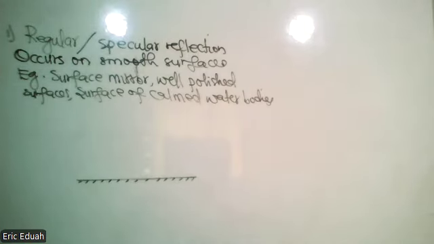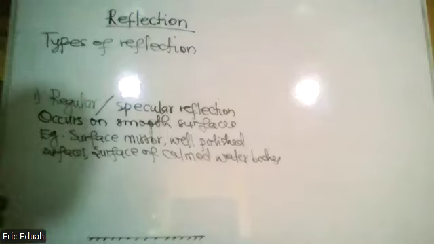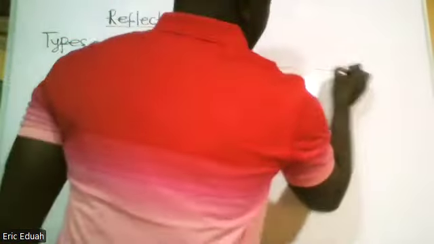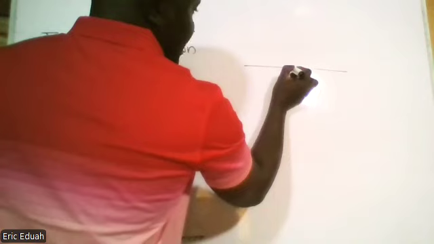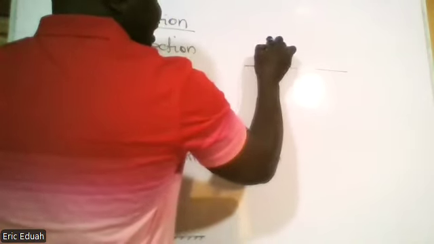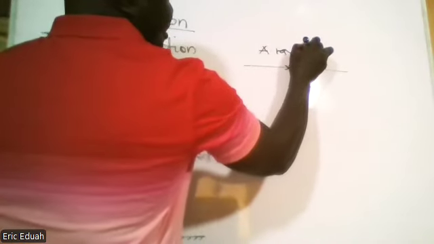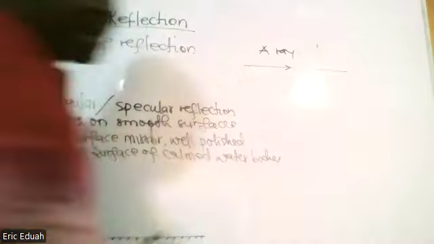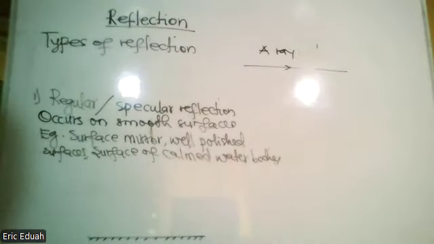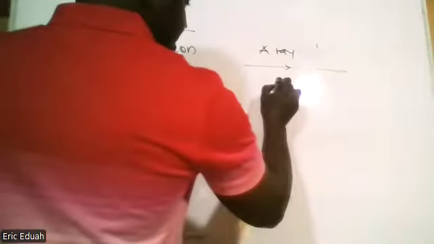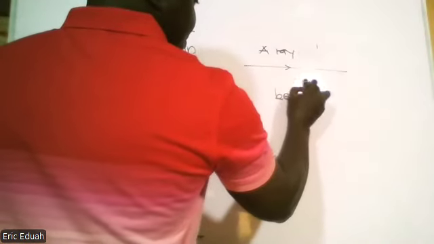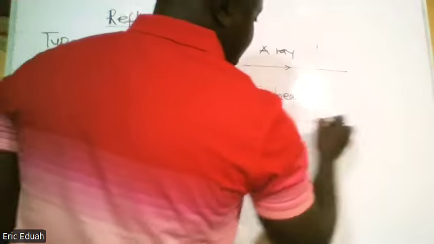In physics, a single ray of light is represented as this bold line with an arrow at the middle. So this is a ray of light, or just a ray. Now, if we have several of them, they form a beam. So a beam of light has several individual rays.